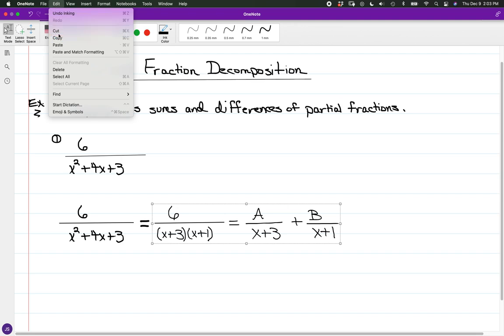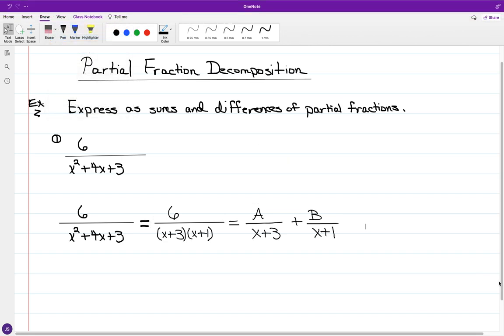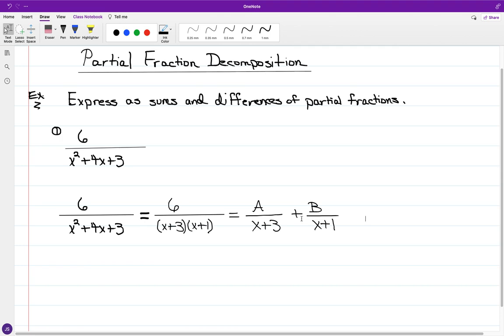And what we're going to do is establish a linear equation such that we will be able to solve for a and b. And what I mean by this, I'm going to clear away the fractions so I can multiply all the expressions out by both x plus 3 and x plus 1.